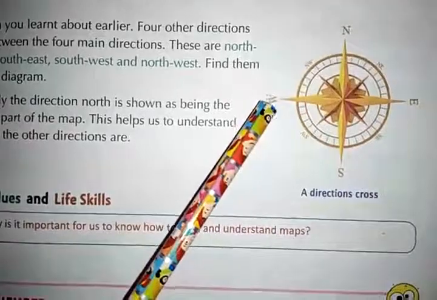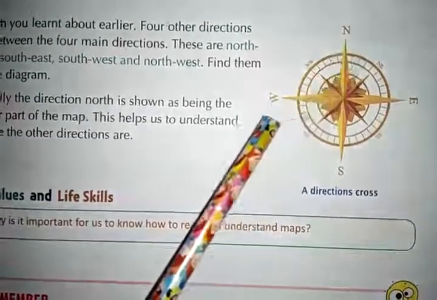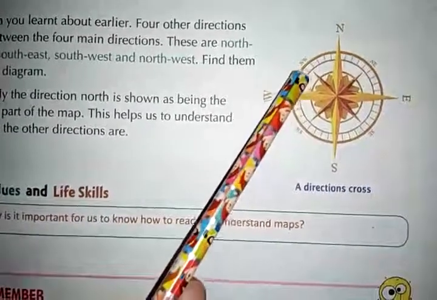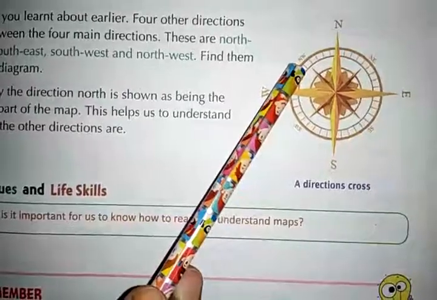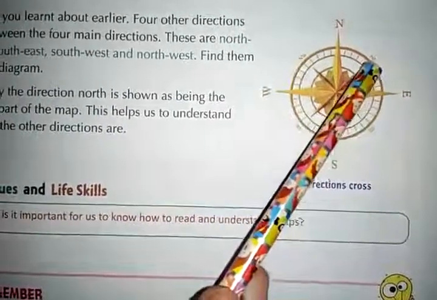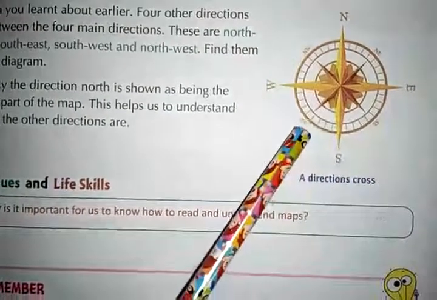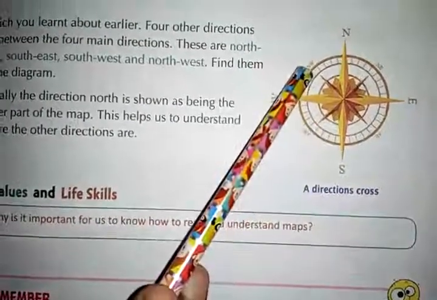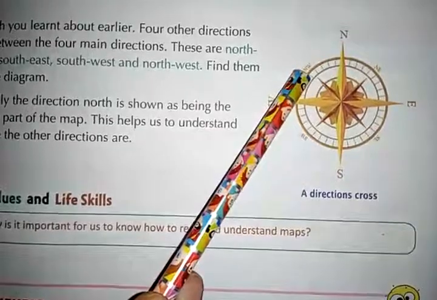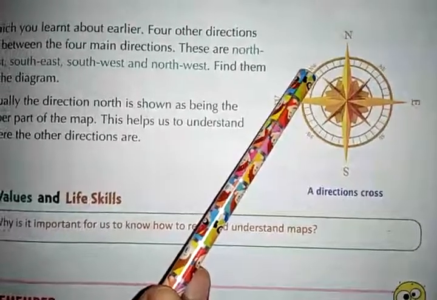And between north and west, it is northwest direction. So northeast, southeast, southwest, northwest, these four are sub-directions.